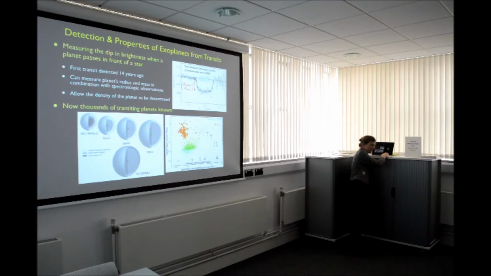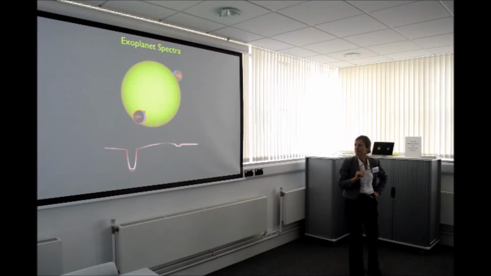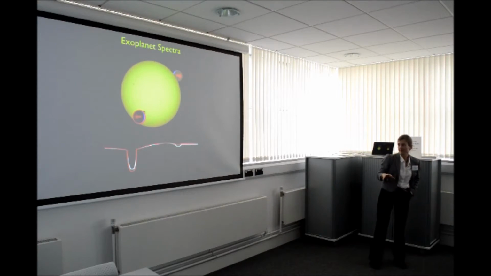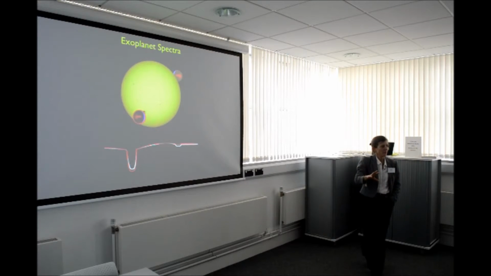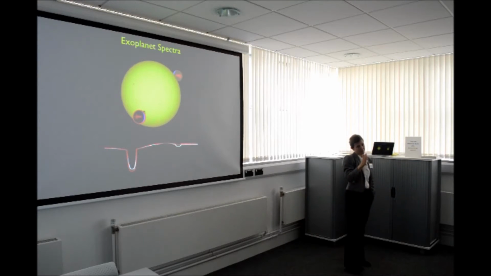But even more, we can start to look at what's going on in the atmospheres of planets. And this is something in our group led by David Singh. When the planet transits in front of the star, the first thing to pass in front of the star is not the solid planet, if there is any solid planet, but the outer part of the planet, or its atmosphere.